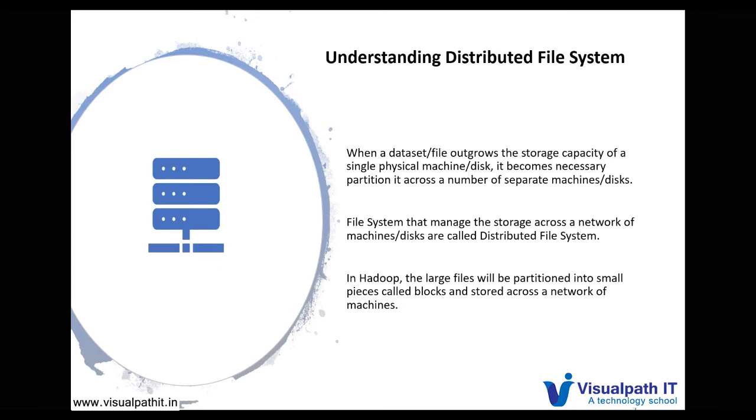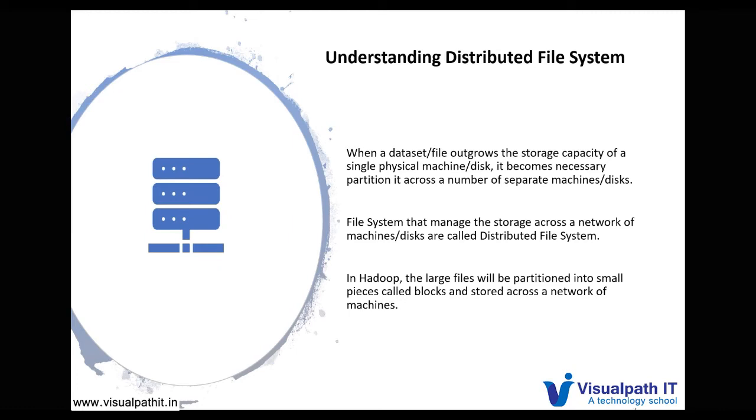If you copy a file from outside into a distributed environment, it will utilize all the resources available in the machines of the distributed system, and copying, reading and writing are all very fast compared to single machine processing. That's the reason we use a file system that manages the storage across a network of machines and disks, called a distributed file system. Reading and writing are very fast compared to normal.